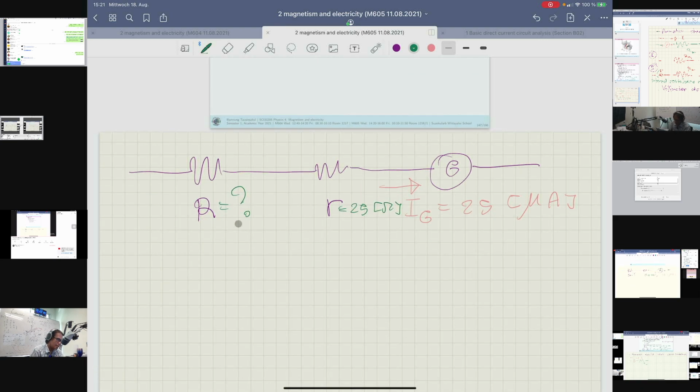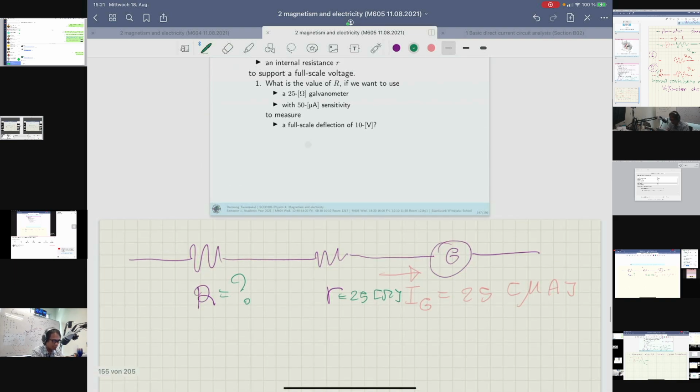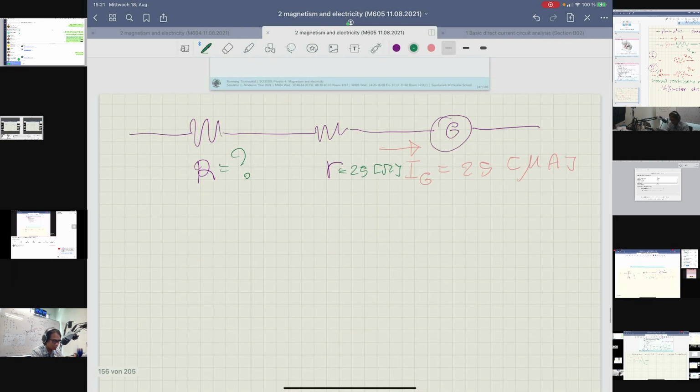The maximum voltage this voltmeter can measure is 25 volts.